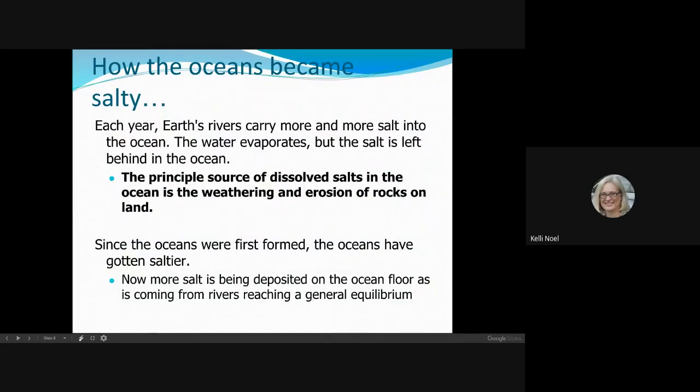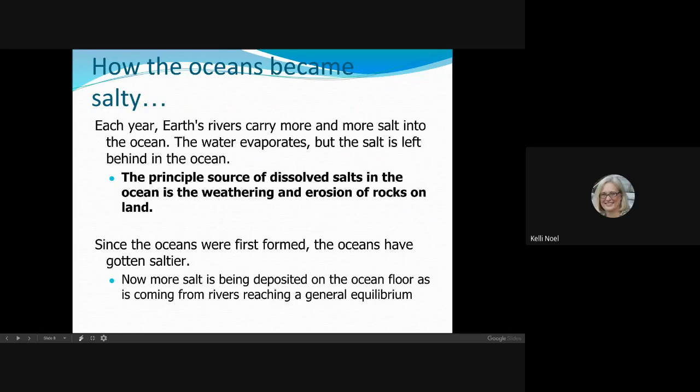Salty. So pretty much rivers will empty into oceans. As rivers flow, they're picking up minerals and other substances, and it empties into the ocean. And so there's where salt enters.